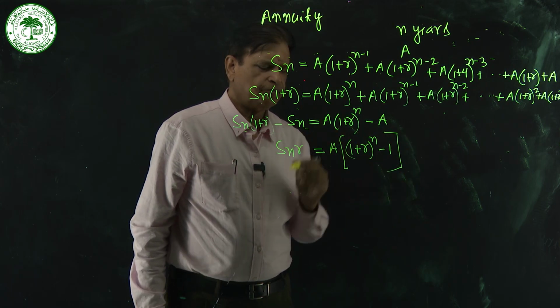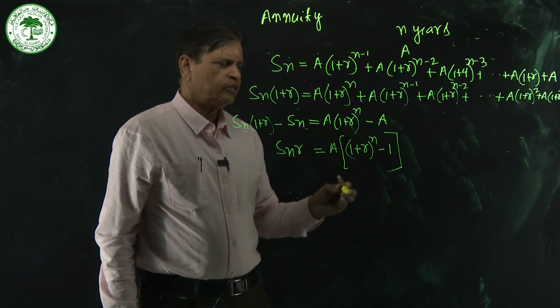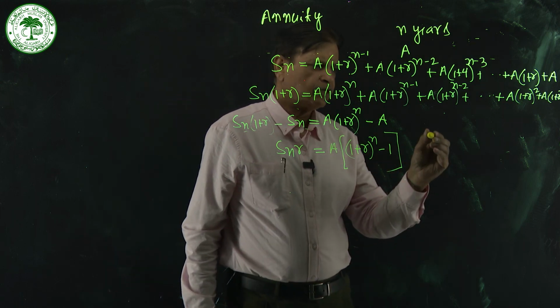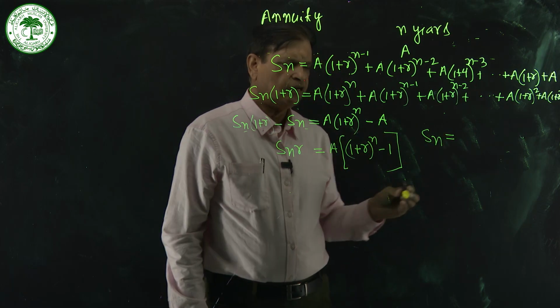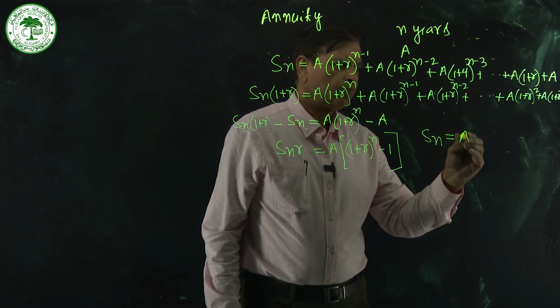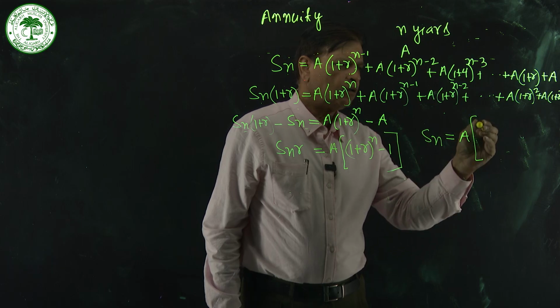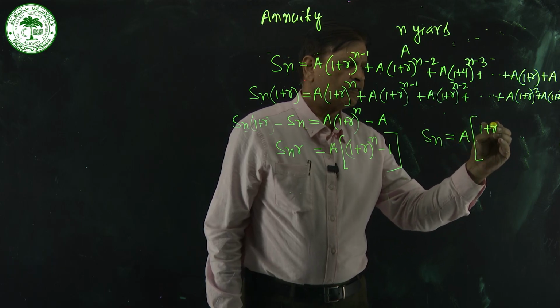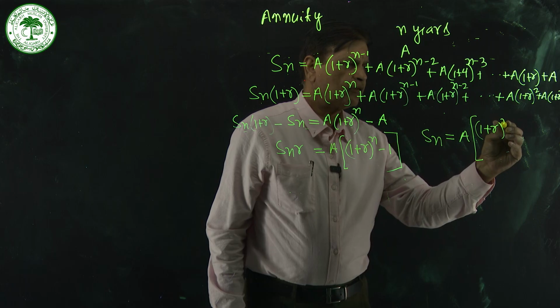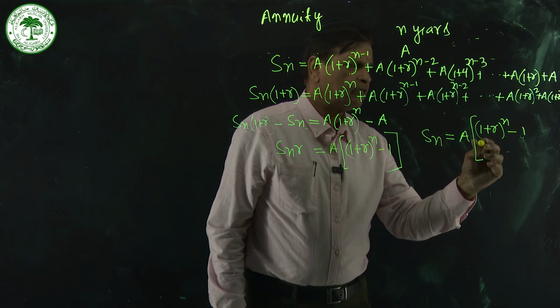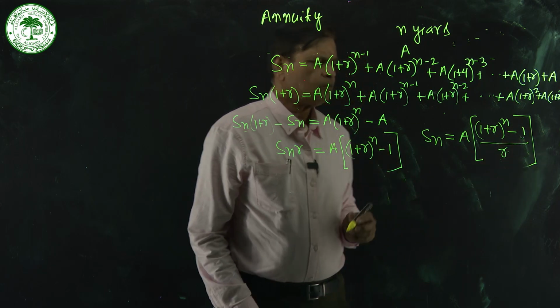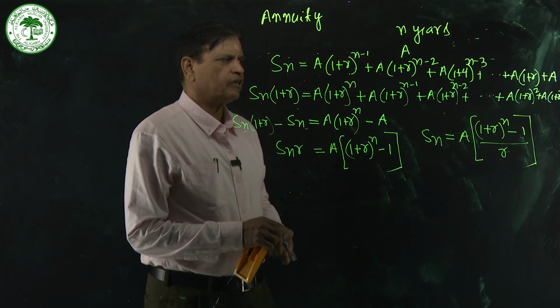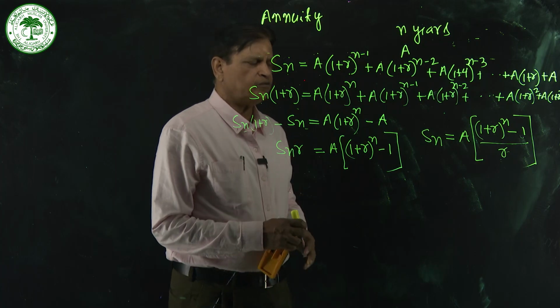This is what we will have. Now what will be this Sn? We can write here Sn, that is the sum of the annuity, will be A((1 + R)^n minus 1) divided by R. This is how we can calculate the sum of an annuity.